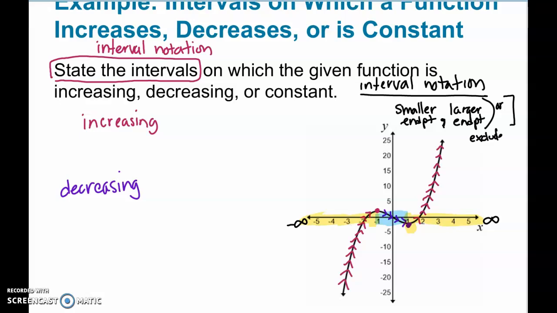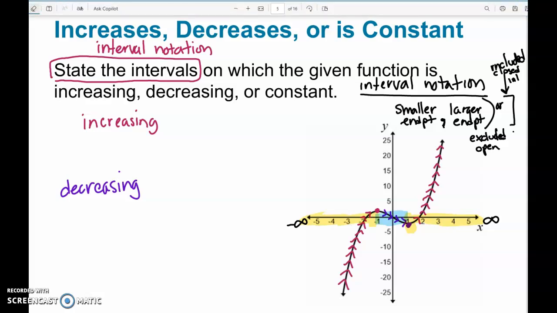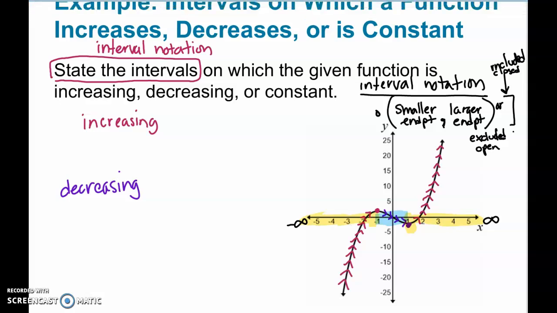So a parenthesis means it's excluded, or what's called an open interval. And a bracket means that the endpoint is included, or called a closed interval. And you can have a mixture. You can have the same bracket and parenthesis on both sides, or you can have a mixture. So this is interval notation.